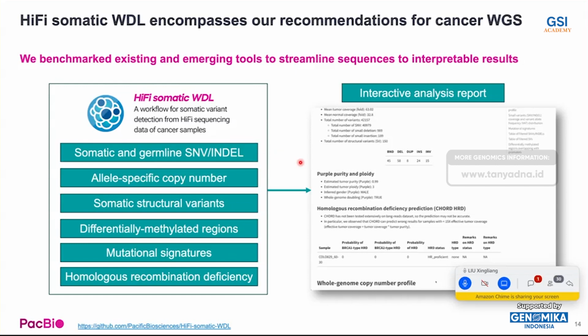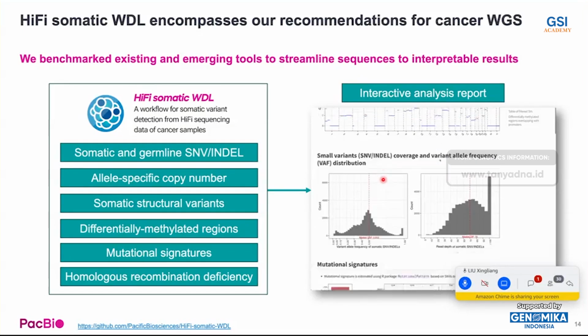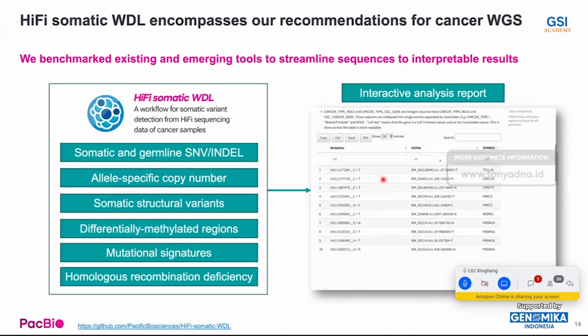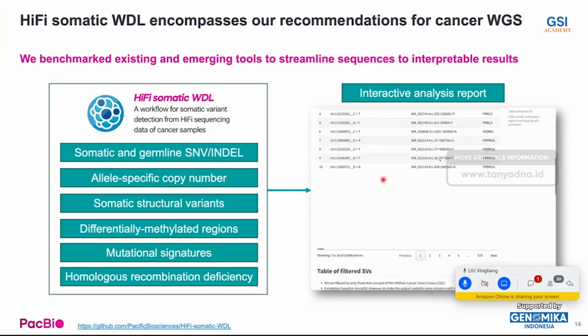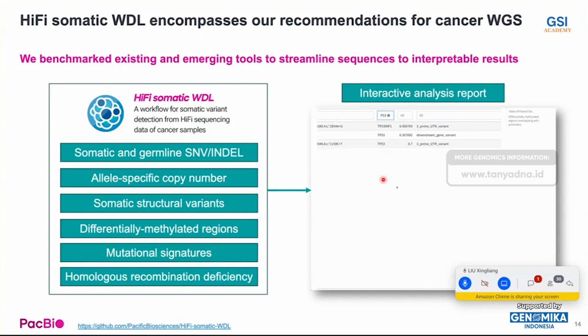Especially for non-bioinformatician users, at the end of the pipeline we generate an interactive analysis report that includes several key outputs of your samples. For example, the HRD prediction, the copy numbers, the SNVs and the mutational signatures, as well as the final variant detection results, including the functional annotation.